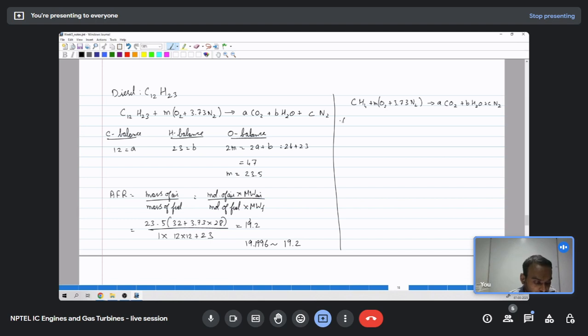Now if we put carbon balance, we get 1 is equal to a, and with hydrogen balance we get 4 is equal to 2b.